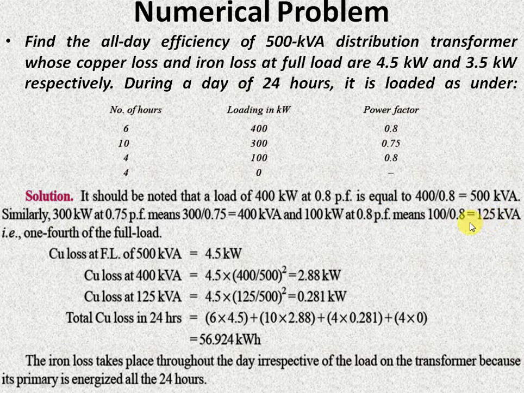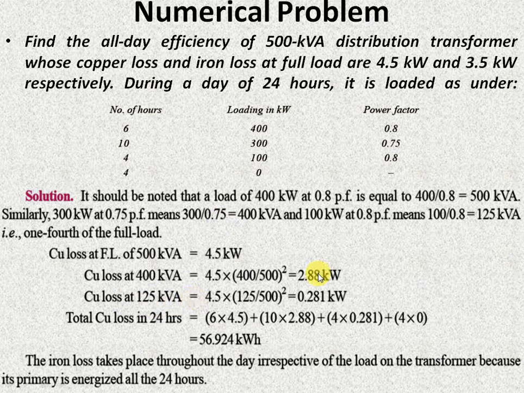You can find this by using the relation V2I2 cos phi 2 divided by cos phi 2. That will give you the value of V2I2, that is the power rating in kVA. Like that you will be able to obtain the kVA corresponding to all these kilowatt values, from which you will be able to determine the value of copper loss at all those different loadings.